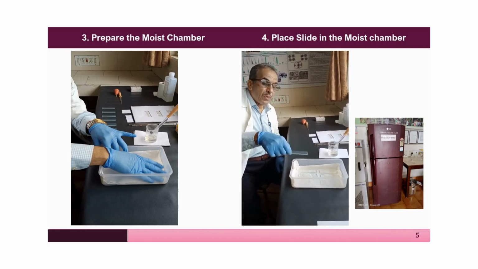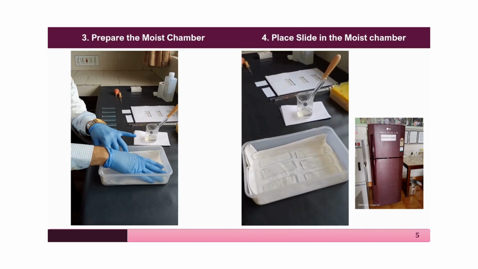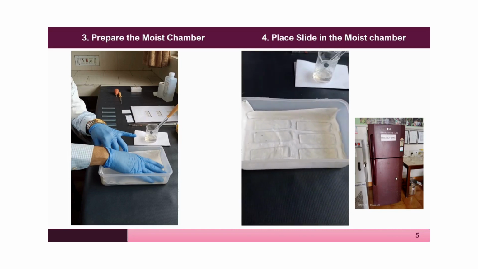After transferring the slides to the moist chamber, cover it with the lid and keep this moist chamber in the fridge, but not in the freezer. In the fridge, in the lower chamber, you keep it for about half an hour.